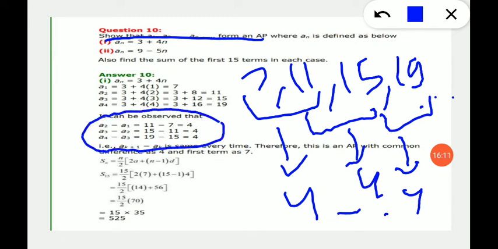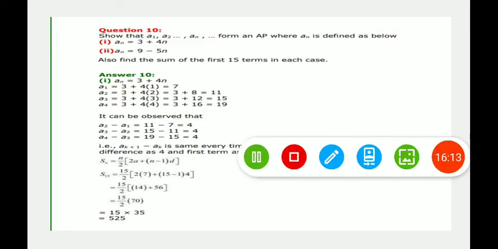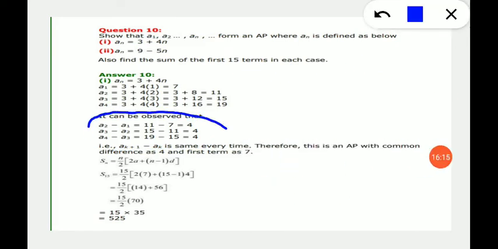You can see here also common difference is always coming the same for the required sequence of numbers. Okay, so it is an AP with common difference 4 and first term 7.